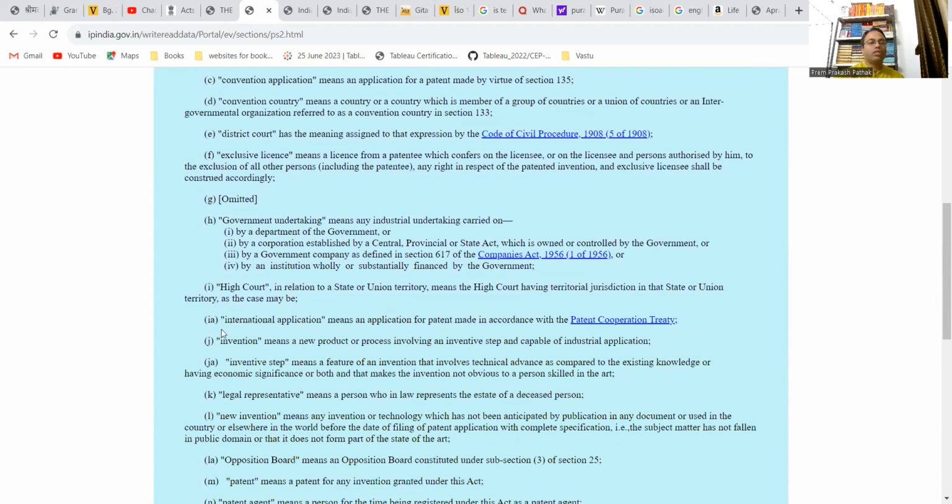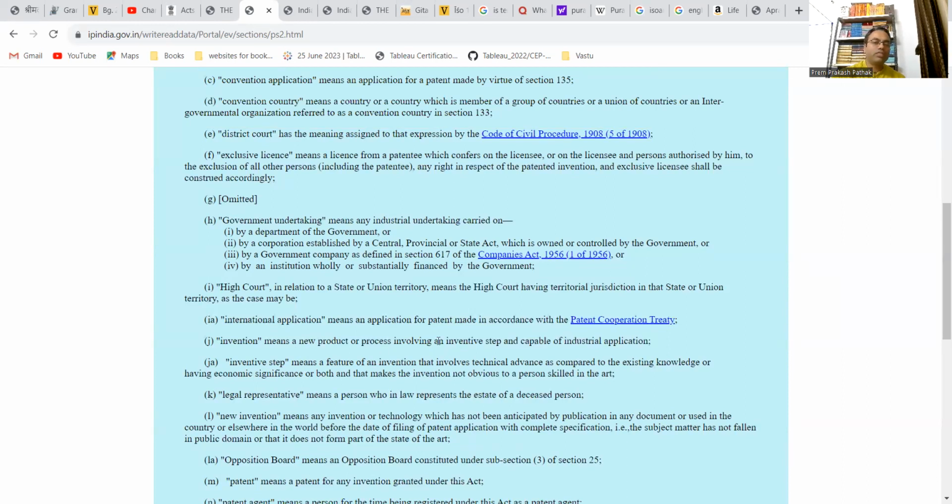So invention is J. IA is for international application and J is for invention. Invention is a new product or process. Sometimes it may be confusing when they write product and process. So this is a tricky one. We need to understand: invention means a new product or process involving an inventive step and capable of industrial application. So these are the conditions.